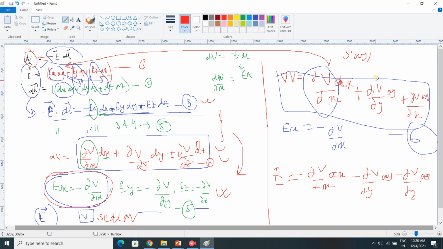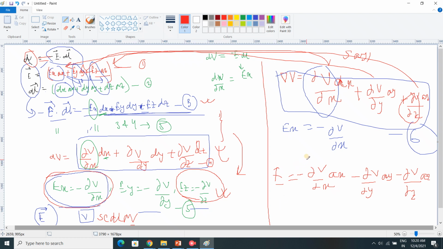I can write this because I am just incorporating the first term into the first term, the second into the second, the third into the third. Why is ∂v/∂z equal to Ez? Because we have already concluded this. So we can write this.